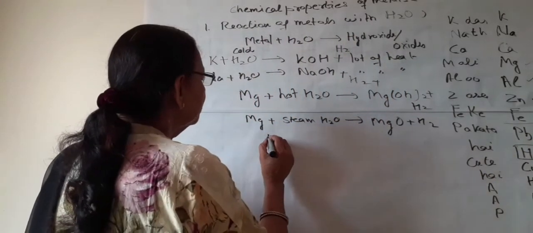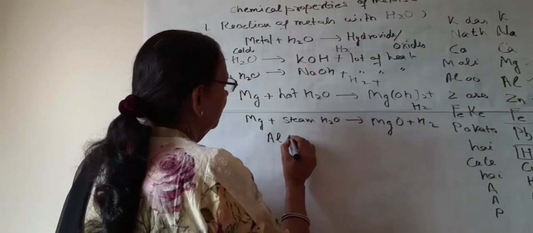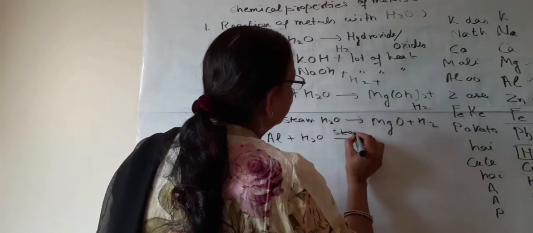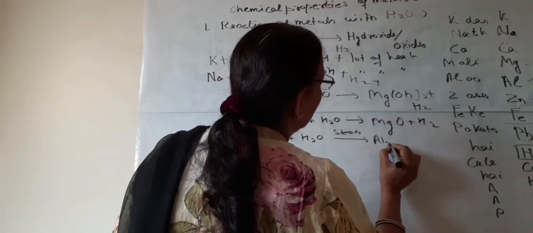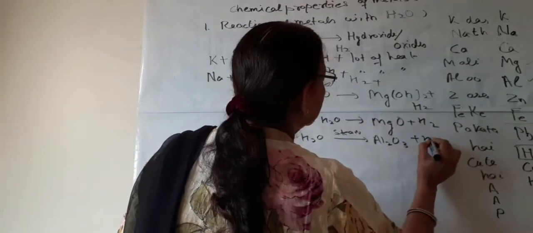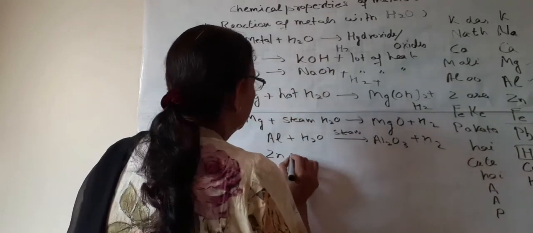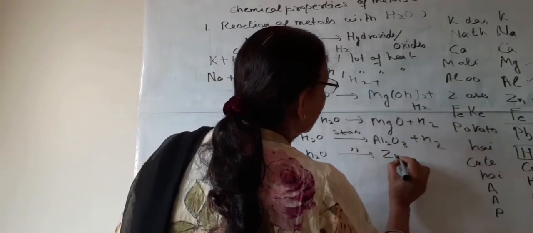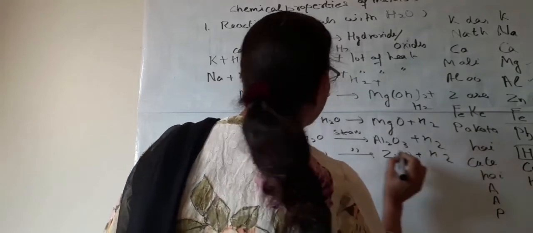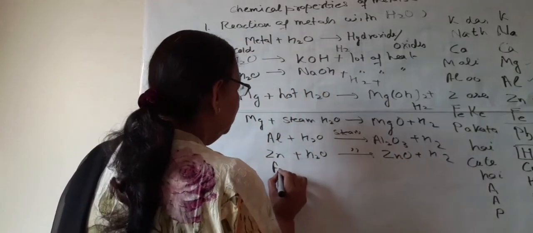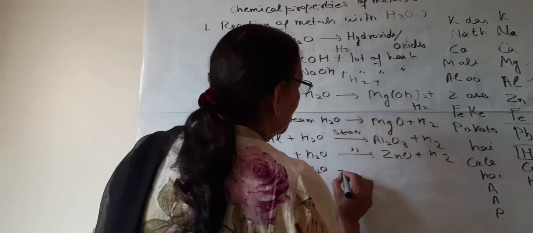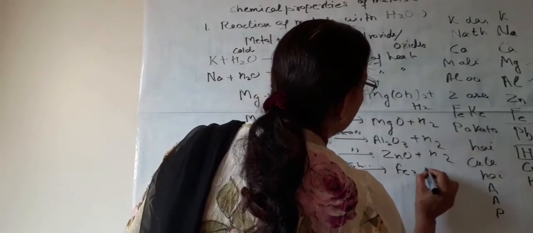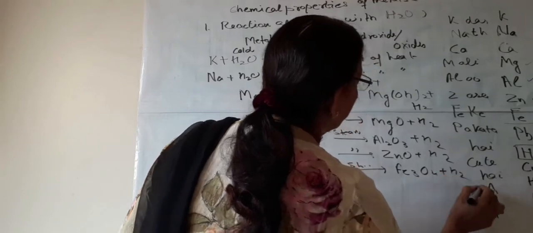We can write here also aluminium plus water, which is steam. It forms Al2O3 plus H2. Likewise, Zn plus water, also steam, gives ZnO plus hydrogen. Then iron plus water, also steam, gives Fe3O4 plus hydrogen.